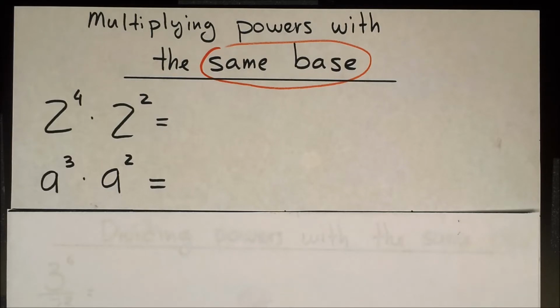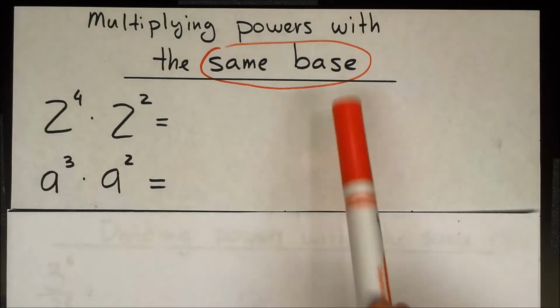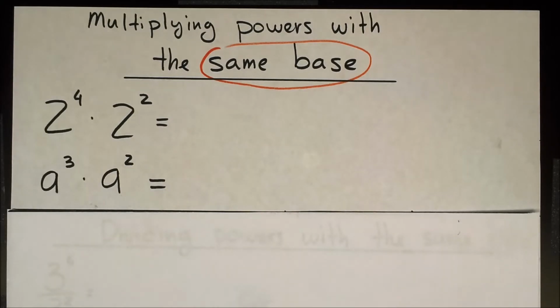Alright, so what do we do? Let's take a look at the first example here. We have 2 to the 4th power, and we are multiplying it by 2 to the 2nd power. The first thing you should do is make sure that they have the same base, so that this is actually going to apply, and indeed they do. They both have a base of 2.